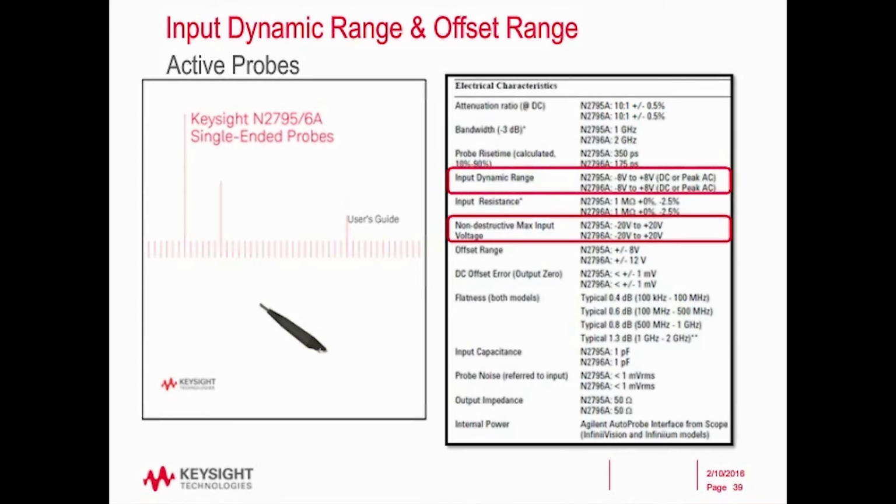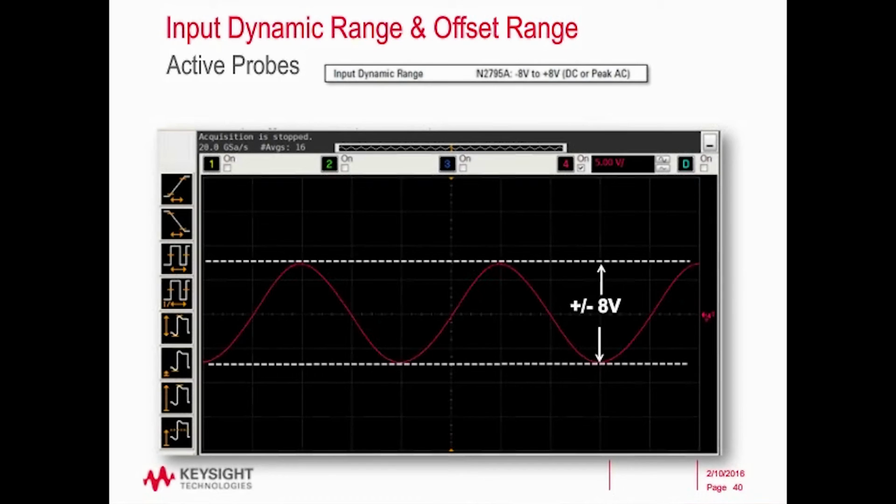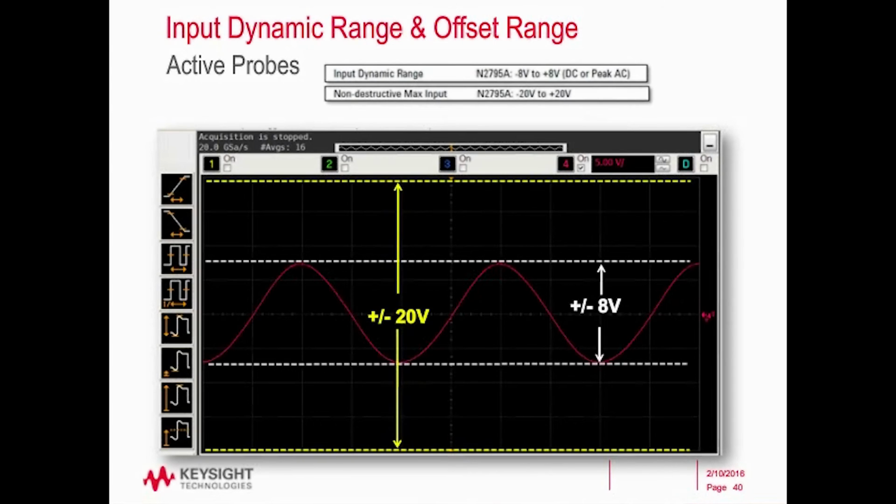Okay, so I'm going to tie this together a little bit more with one more specification, the offset range. I can make use of that whole 20 volts by making use of probe offset. Allow me to illustrate. Just consider this scope screen here. If I look at that specification that said input dynamic range, so plus or minus 8 volts, then we consider the part of the specification that said the non-destruct max input, plus or minus 20 volts.